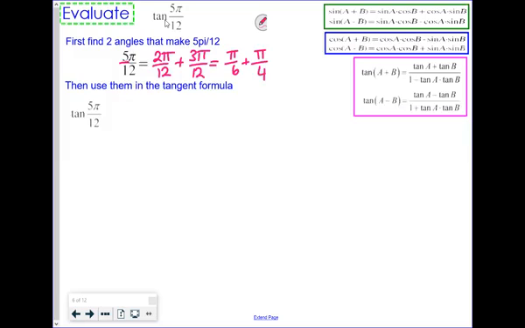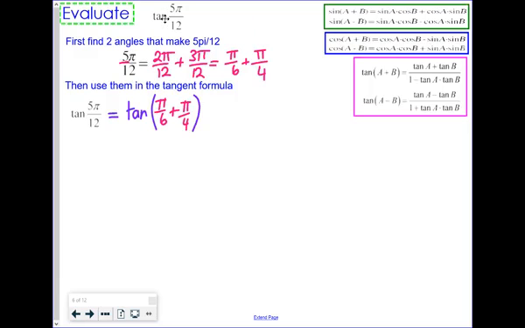So, when I'm asked to find the tangent of 5 pi by 12, I could split that 5 pi by 12 into pi by 6 plus pi by 4. That does add up to give me 5 pi by 12.